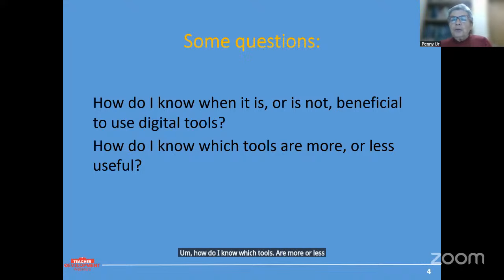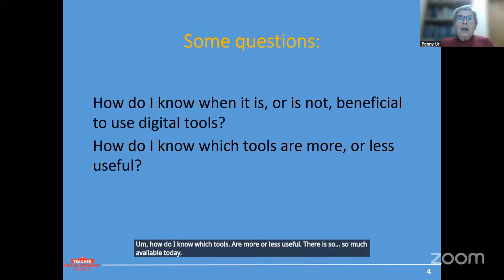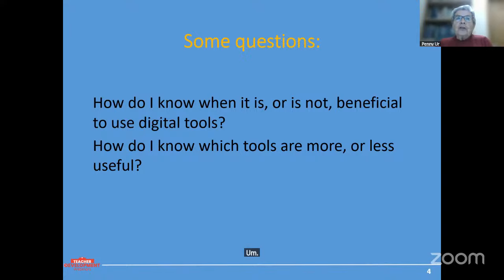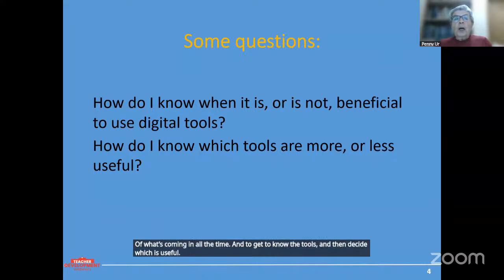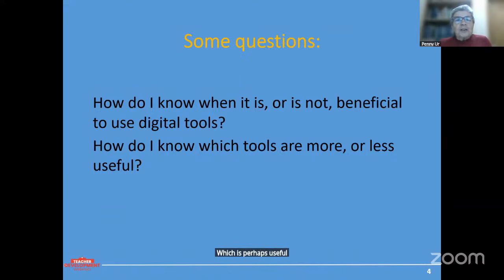There is so much available today that it's difficult to know what to choose. You can't really keep up with the development of what's coming in all the time. And to get to know the tools and then decide which is useful, which is less useful, which is perhaps useful for this class and not for another class, all these questions.